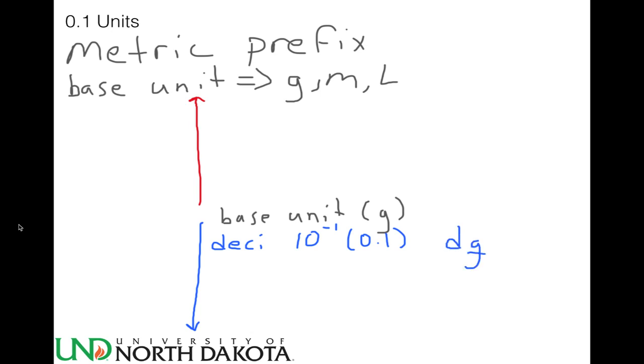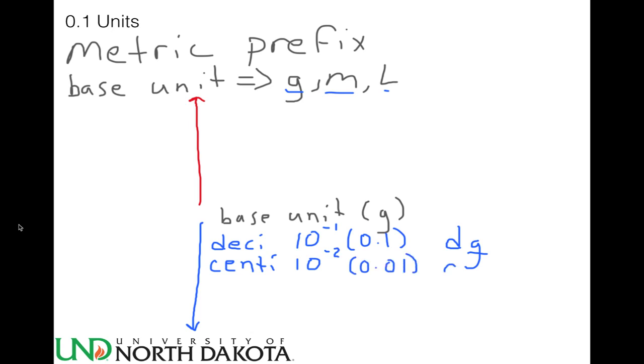But remember, you can use any one of these base units with this metric prefix, or any metric prefix. So you can have deci, a factor of 1/10. You could have centi, in which you multiply your base unit by a factor of 10 to the negative 2, or 1/100th.